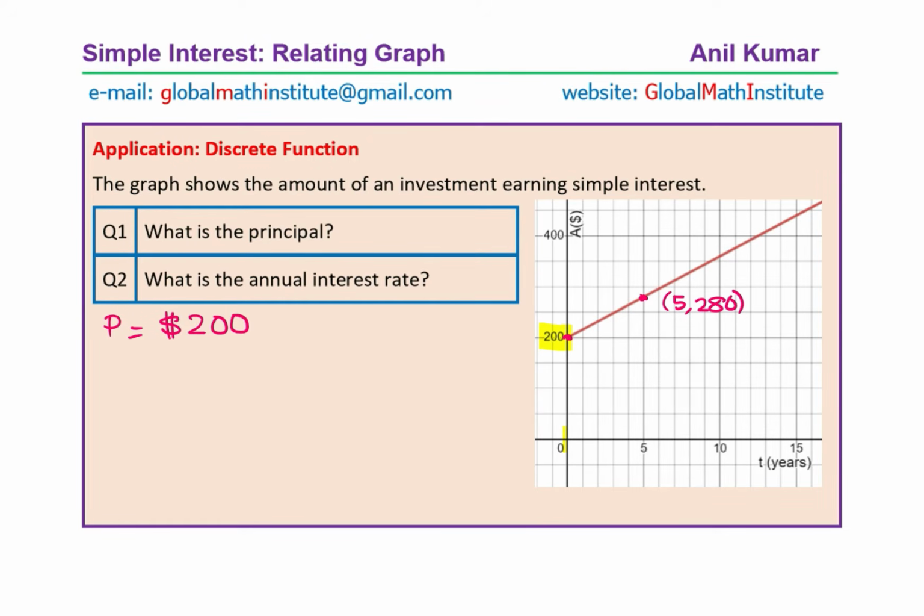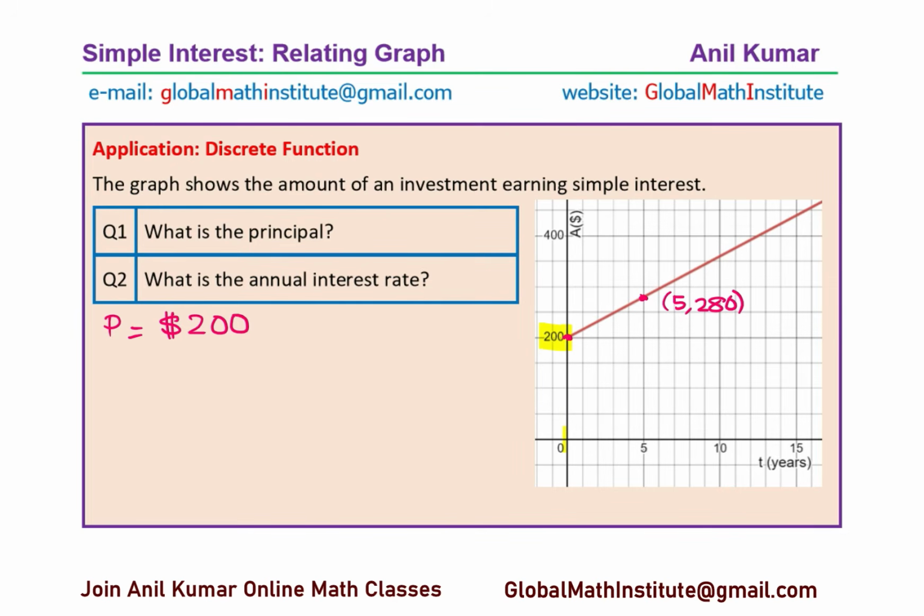Part B is, what is the annual interest rate? Now, how do we find the annual interest rate? We know that in this example, we are talking about simple interest, right? So the amount increases with reference to the interest.